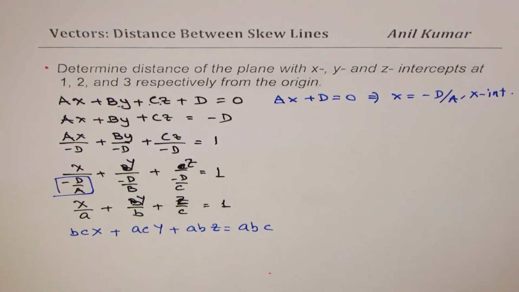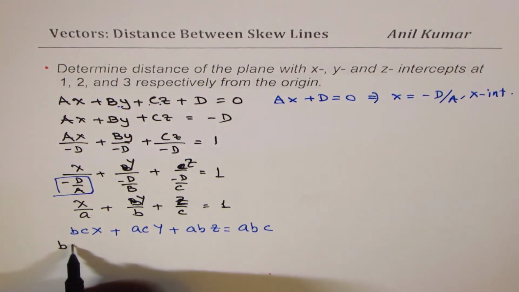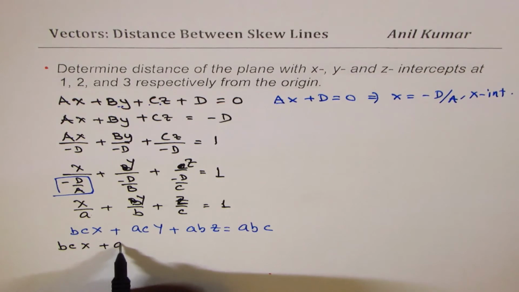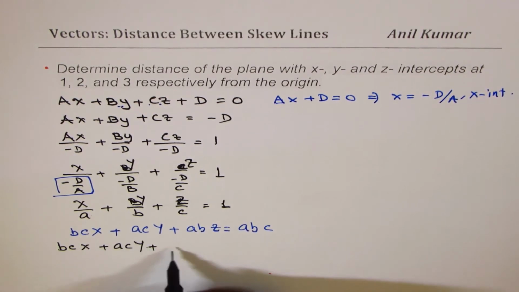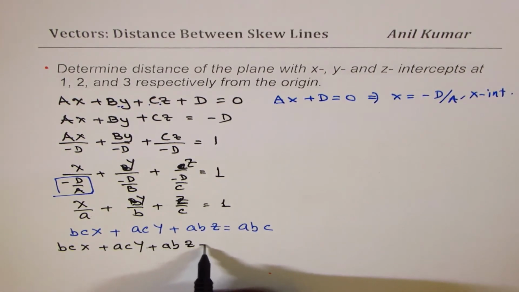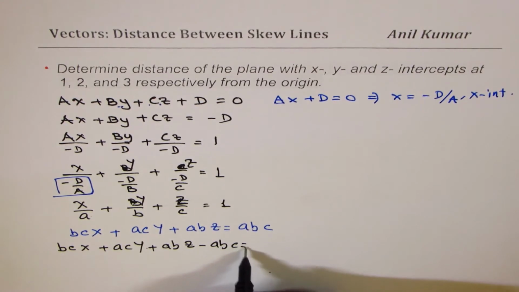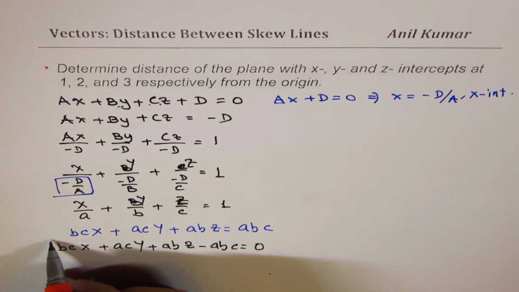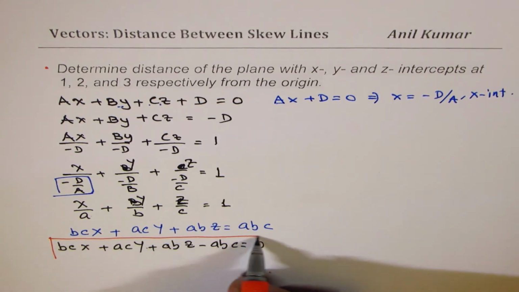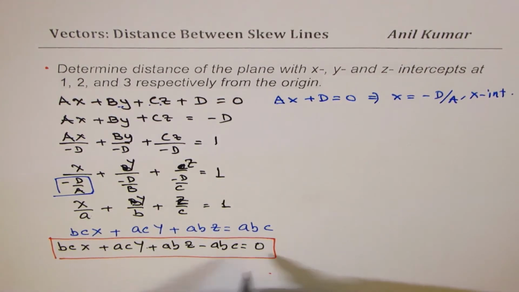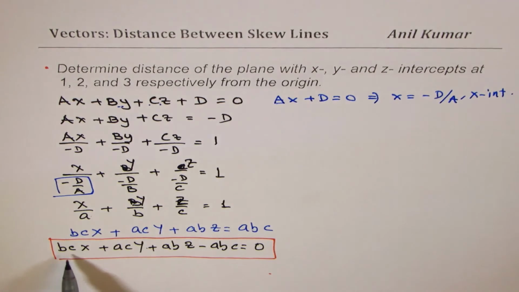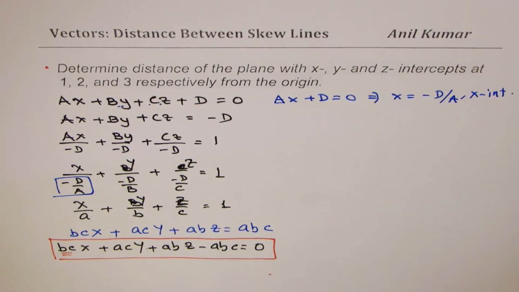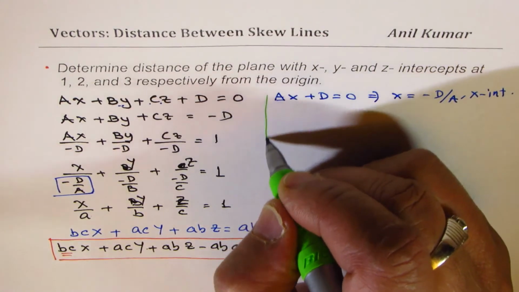And if I rearrange, I get bc times x plus ac times y plus ab times z minus abc equals 0. Now that is again the Cartesian form. The only difference here is that capital A has been replaced by the product of y and z intercepts. Do you see that? Correct?